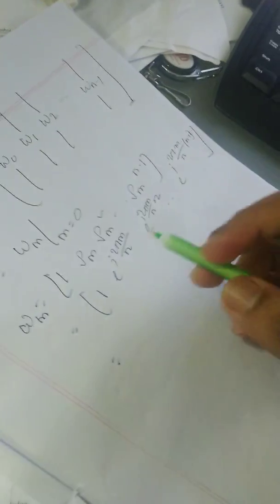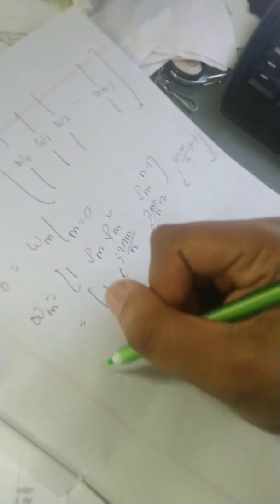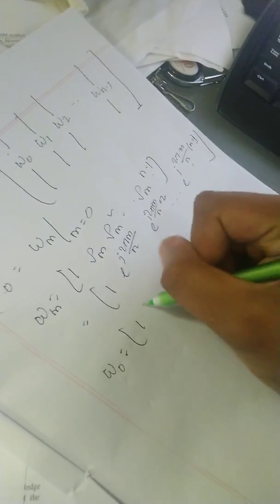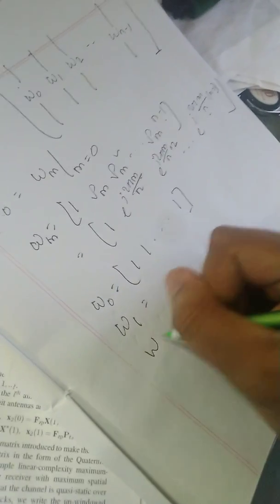So what if we make all of the m's here 0? Then Wm is all just 1. So W0 is just n ones. What is W1? All of the m's are just 1. What is W2? All of the m's are just 2, and so on and so forth. So what will be the shape of W?